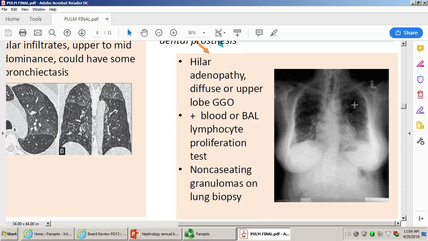This is your sarcoid mimic. It will look like hilar lymphadenopathy, but they will give you the exposure history, and they'll give you this buzzword of the lymphocyte proliferation test. So if you see an abnormal lymphocyte proliferation test, you need to think berylliosis.